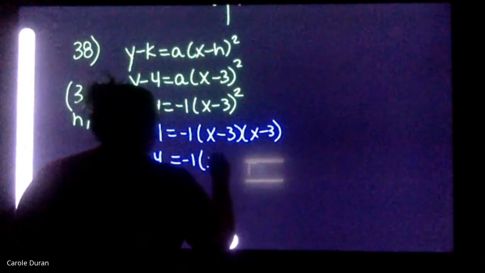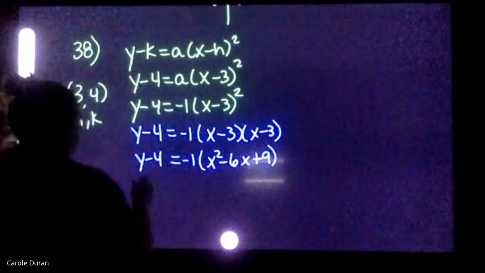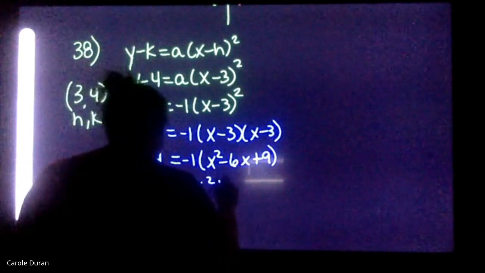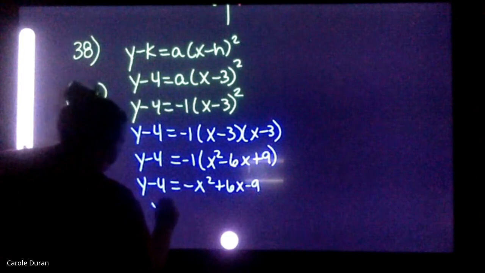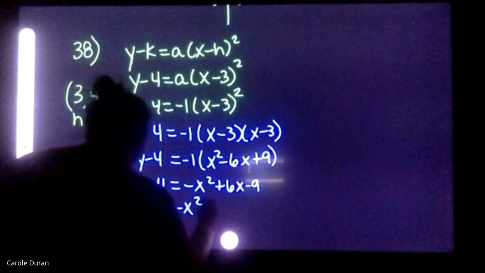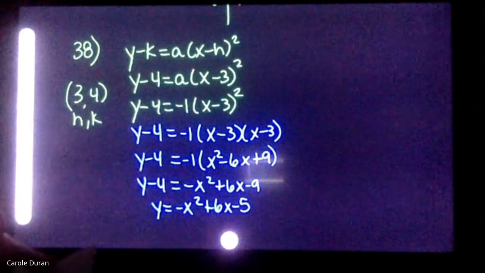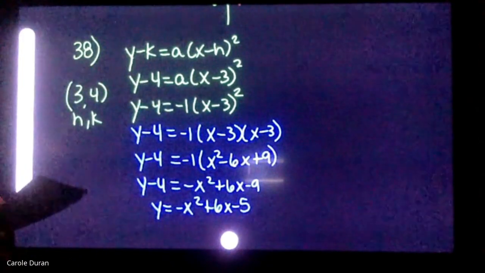And when I do, I get x squared minus 6x plus 9. I distribute the -1. And then I add the 4 across. And then I get y equals -x squared plus 6x minus 5 as my standard form equation.